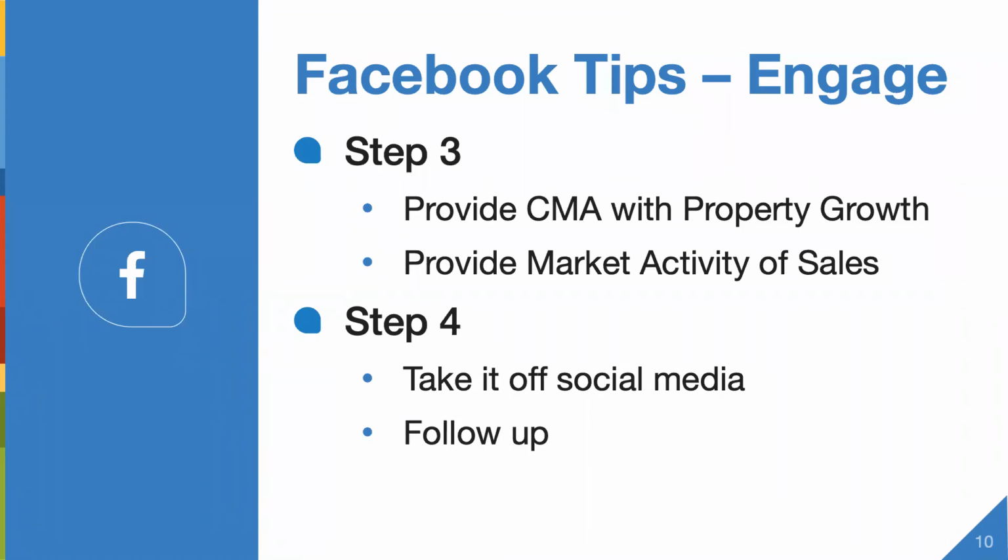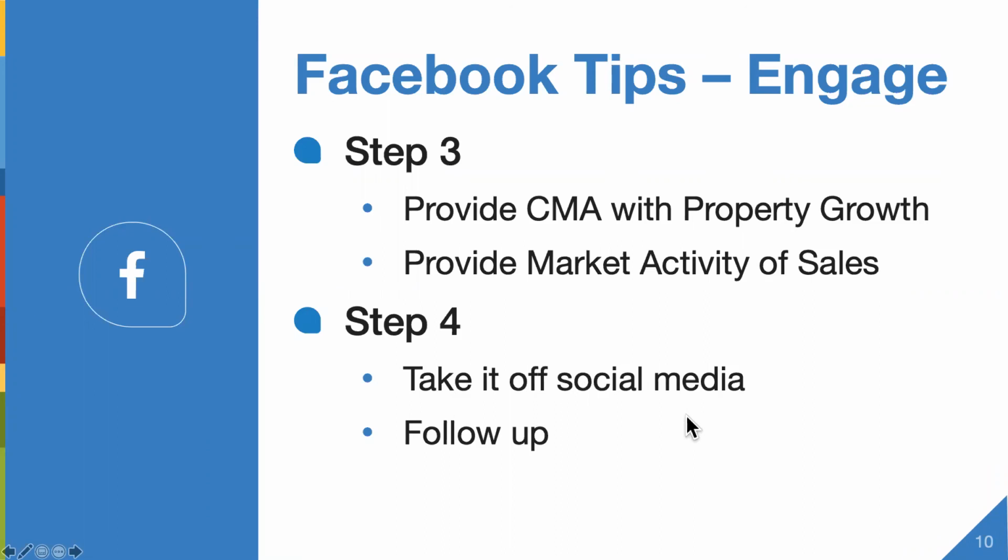I always keep them posted, maybe once a year with a CMA or twice a year, depending on the market and how active it is. And then also providing that market activity report that I showed you, every quarter or twice a year, however you want to do that. I did mine on a quarterly basis, especially because it was so active around here. But it's just a great way to stay in touch.